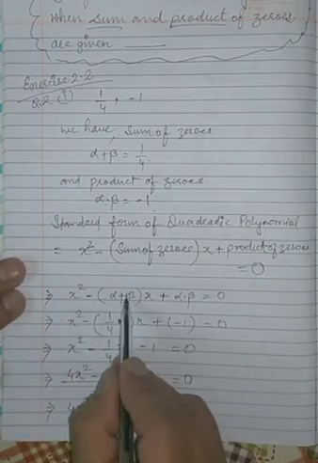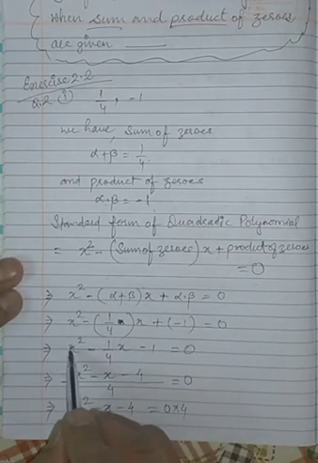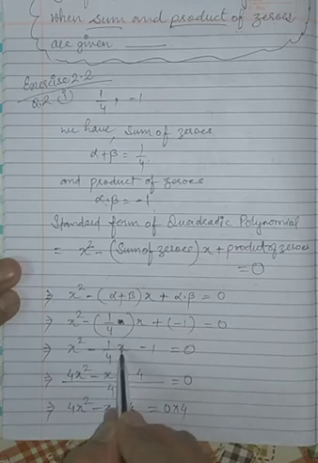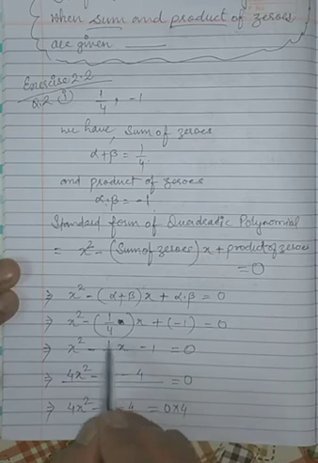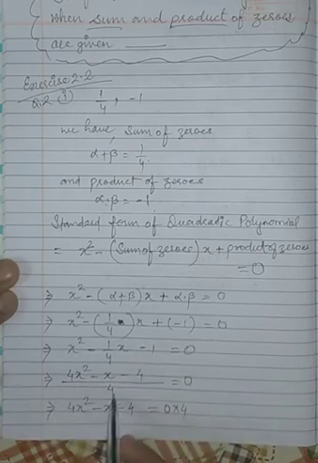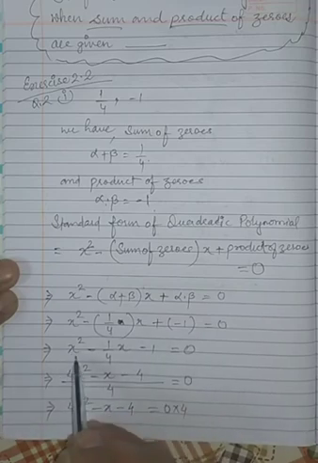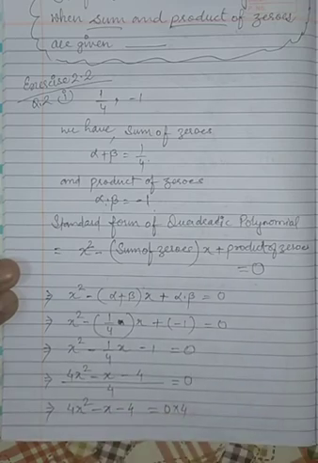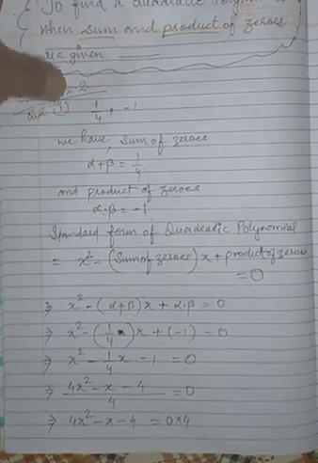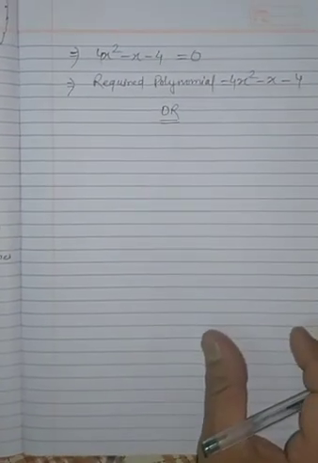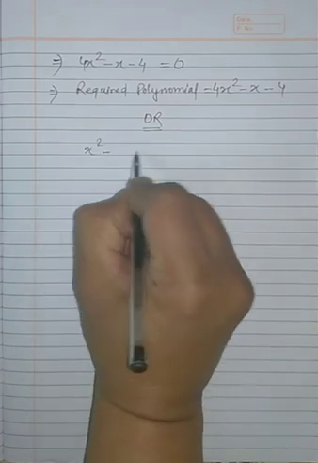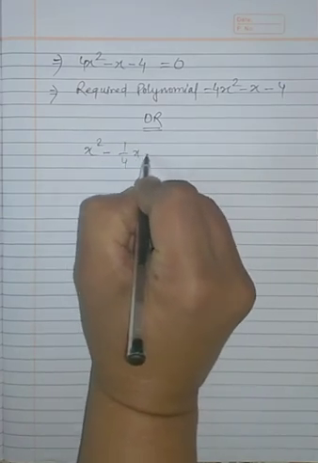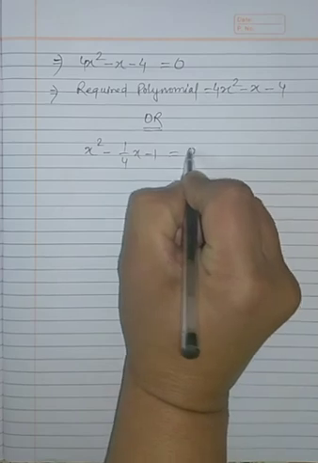After putting the value of sum of zeros and product of zeros, x square minus 1 upon 4 x minus 1, if we are not simplifying it to avoid the denominator, to avoid the rational number, then this equation is given as x square minus 1 upon 4 x minus 1 equal to 0.